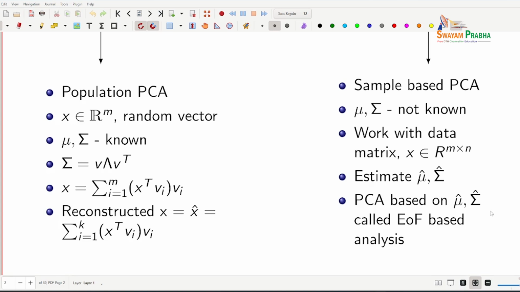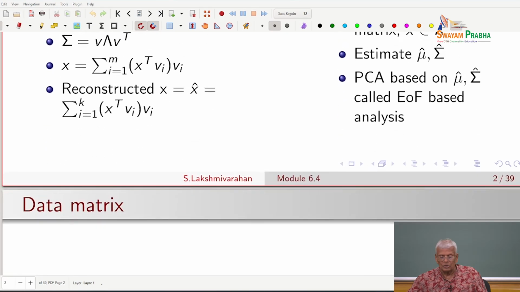The eigenvectors of any symmetric positive definite matrix must be orthogonal. So the orthogonal eigenbases, which are the eigenvectors of the estimated matrix sigma hat, our analysis is going to be based on that, and that is why it is called empirical. Empirical because of estimate, orthogonal because eigenvectors of a real symmetric positive definite matrix are orthogonal. So this is the technical term.